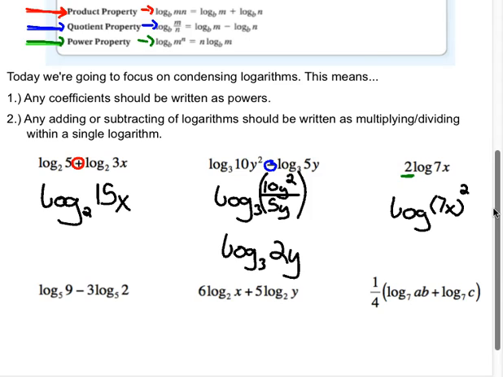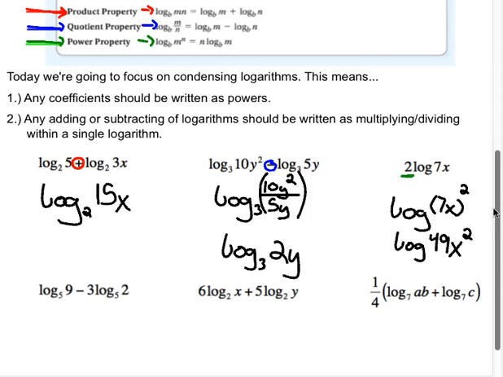You bring it up top. Well, here if I want to write that a little bit nicer looking, I can call that 49x squared. The power will apply to everything that's in there, okay? But any multiplier that's out front can be written as a power.